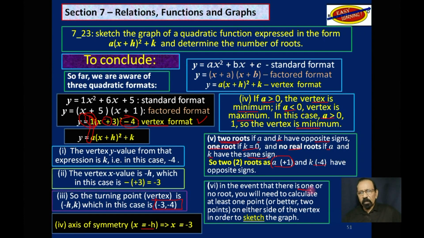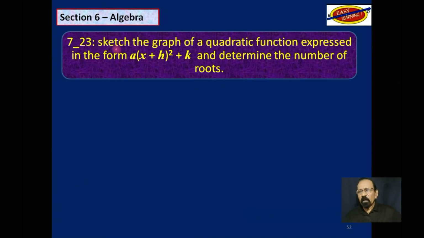In the event that there is one or no root, you will need to calculate at least 1 point, or better 2 points, on either side of the vertex, that is to say, of the axis of symmetry, in order to sketch the graph. So this was objective 23 in section 7.